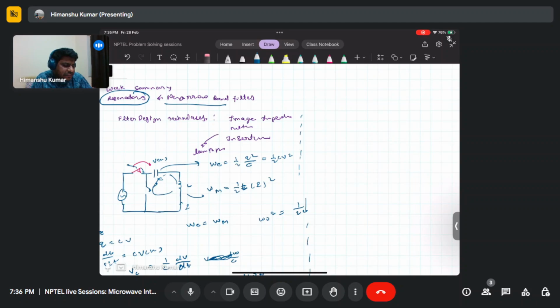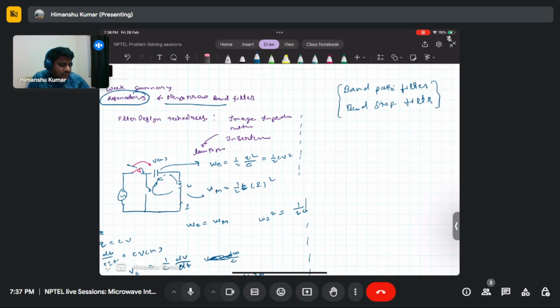So these types of filters are band pass filter and band stop filter. Mainly these two types of filter you can design by different topology.